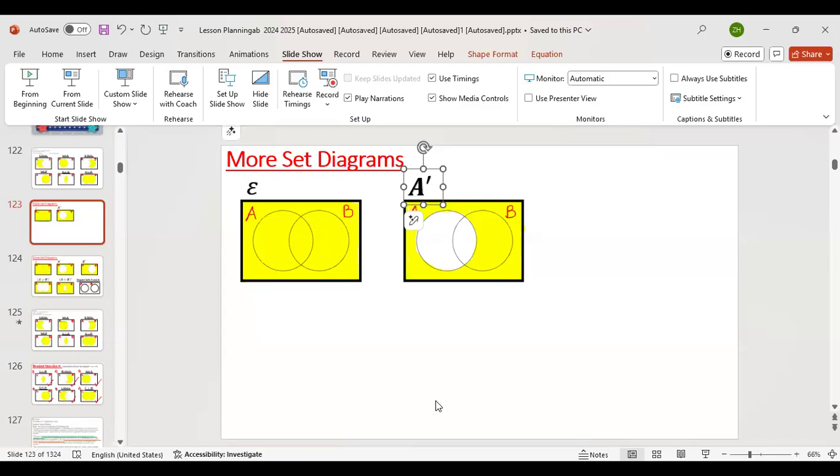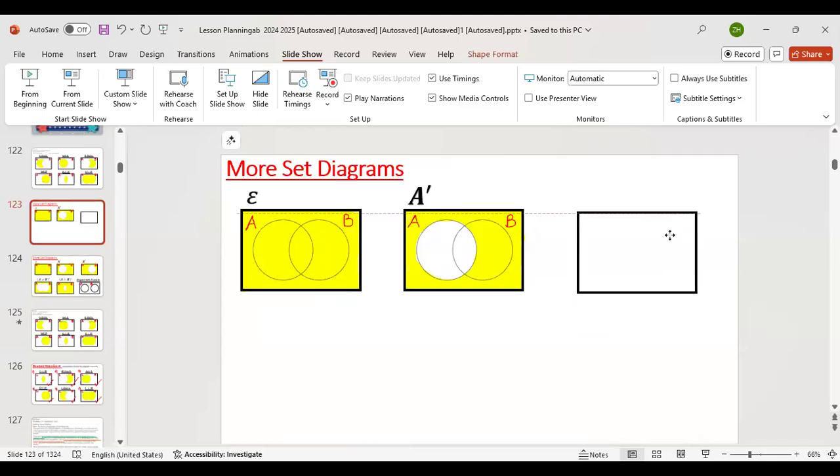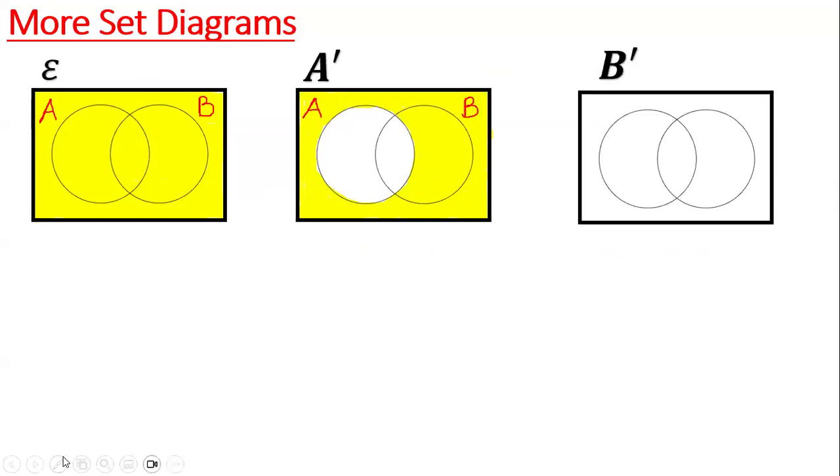So for this one, we have A, B. We want B complement.